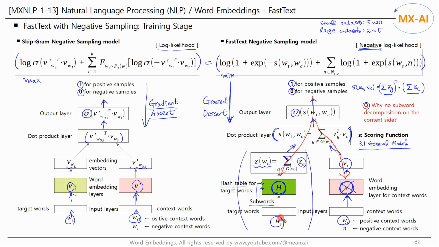This is because even if an OOV word is given to the target side, all of its subwords are mapped to the hash table and an embedding vector can be produced. In short, FastText decomposes only the target word into subwords in order to enable OOV generalization while keeping the computational cost manageable.